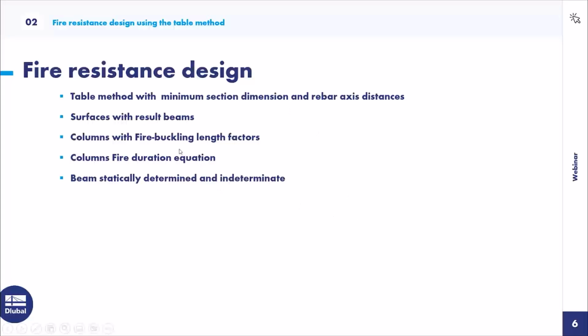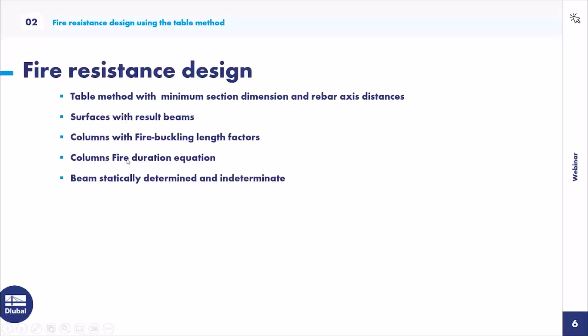And also for the columns, we have an additional point for the definition of fire buckling length factors. So you can calculate with normal temperature with a different buckling length factor than for the fire hot calculation. It's an important point.